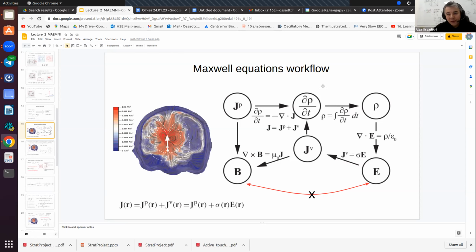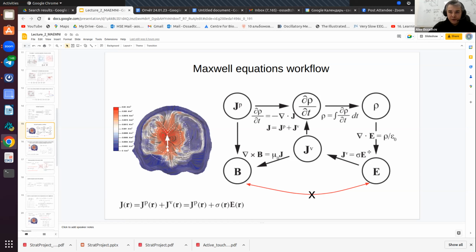That's the current, right? So then this displacement of charges creates a set of different charges, and they give rise to the electric field according to this Maxwell equation: the divergence of E is proportional to the density of charges. At the place where the charges appeared, where the charge density is non-zero, we get electric fields.